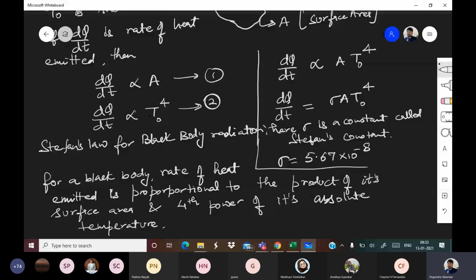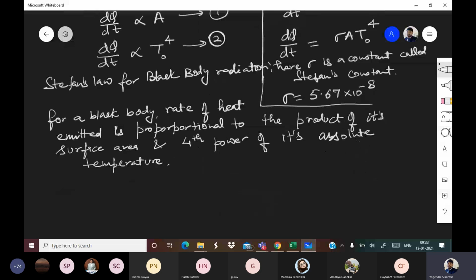If you change the temperature, dq by dt will change. But if A into T naught to the power 4 remains constant, dq by dt will not change. So this was for the heat radiated by a black body.